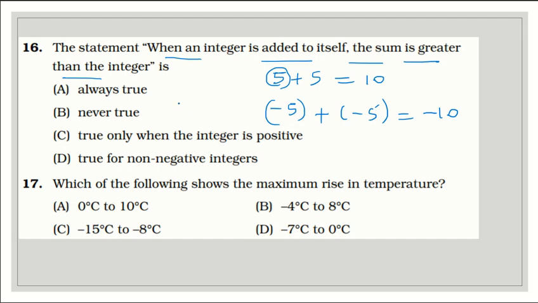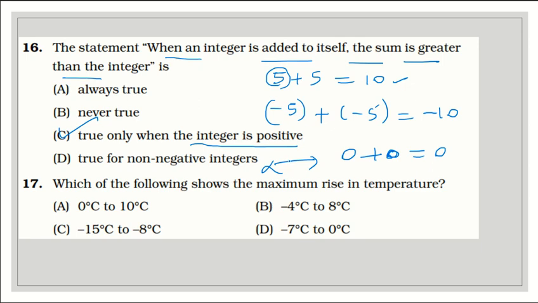So, always true is wrong, never true is again wrong, sometimes true also. True only when the integer is positive. So, this is the right option. True for non-negative integers fails, because when 0 is added to 0 it gives 0, and this 0 is not more than 0, it is equal to 0. So, this also fails that way.